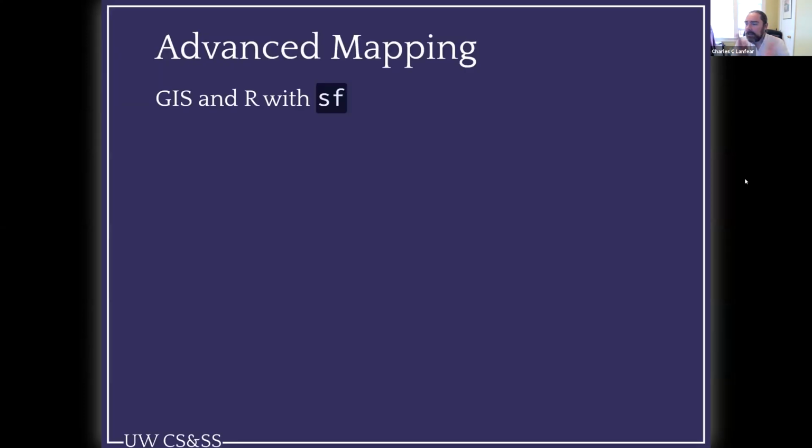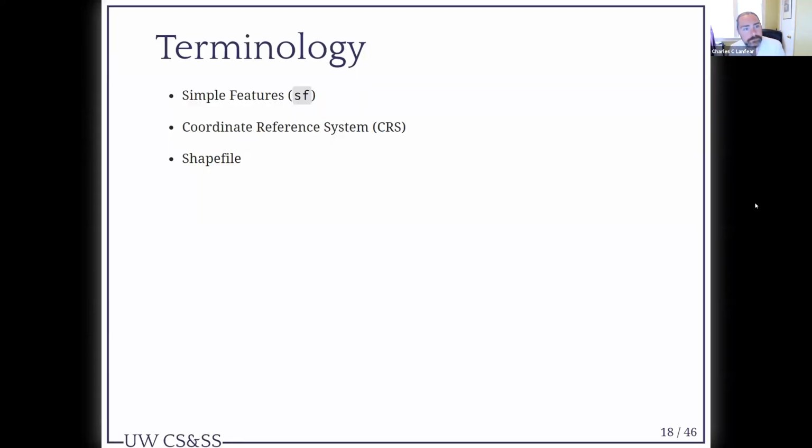Okay, so the next thing to talk about is the actual fun stuff in this lecture. Let's talk about advanced mapping in R. That is, doing GIS, Geographical Information Systems work in R using the sf package. Before I get into how to do these things, I have to give you a crash course in the terminology of geospatial data.